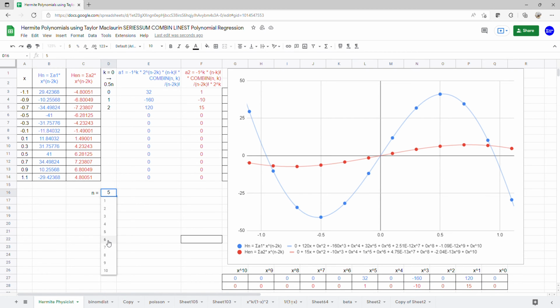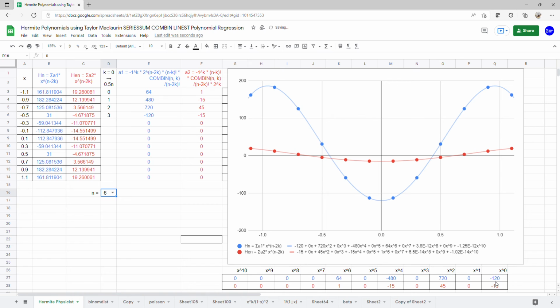N equals 6. So here we have 64x to the 6th minus 480x to the 4th plus 720x squared minus 120. In the case of the probabilist Hermite polynomial, x to the 6th minus 15x to the 4th plus 45x squared minus 15.